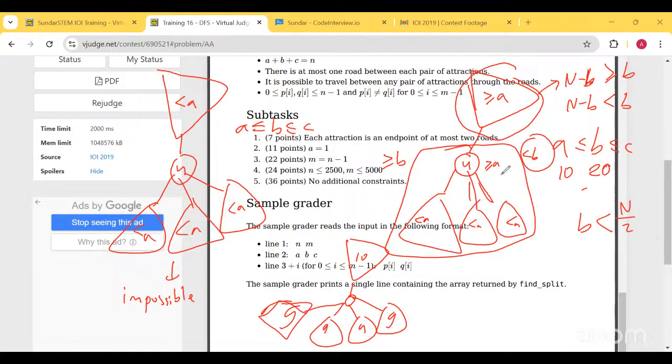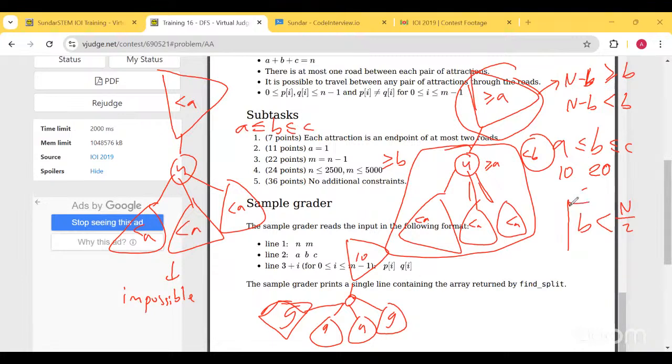Because P is less than half, less than P means less than half. So the other component is always greater than half. And because P is less than half, this component is always greater than P. Okay, you got it?